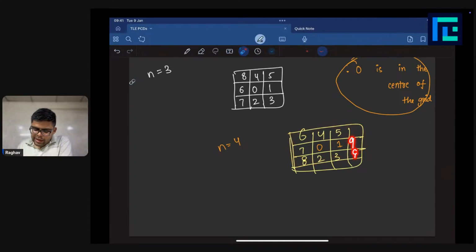If you place 9 at any of these places, the subgrid size would be not too big. If you include 9 here, then only these subgrids which are having all the elements will have all elements from 0 to 9 and bigger. So this is the best place for putting up 9, 10, 11, then 12, 13, 14, 15. I got this kind of a pattern.